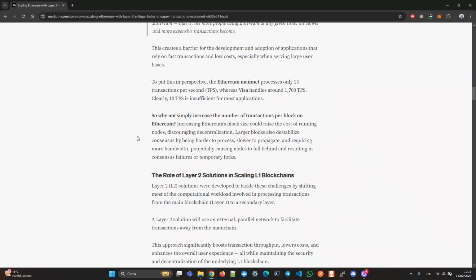Another solution could be simply to increase the number of transactions per block on Ethereum, but this is not feasible, because this could raise the cost of running nodes, and in this case we would discourage decentralization, and also larger blocks would destabilize the consensus. It is not a good path to follow.